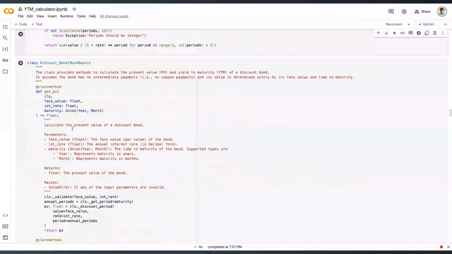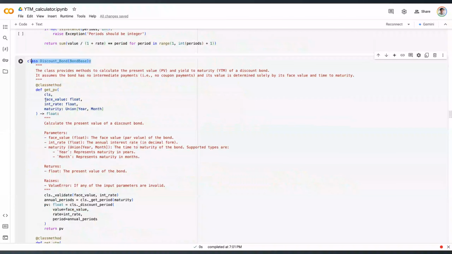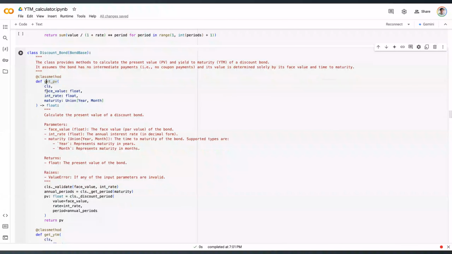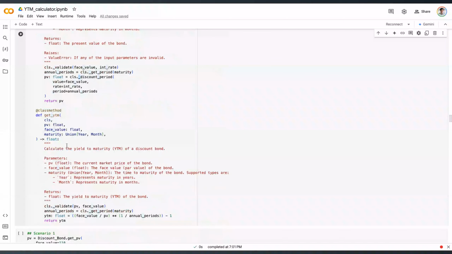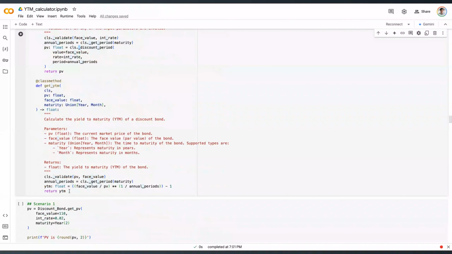And here's the discount bond class. It has the getPV method and it has a getYTM method. YTM stands for yield to maturity. And we use the discounting functionality to get the present value, and we get yield to maturity by using the formula that I shared with you earlier.